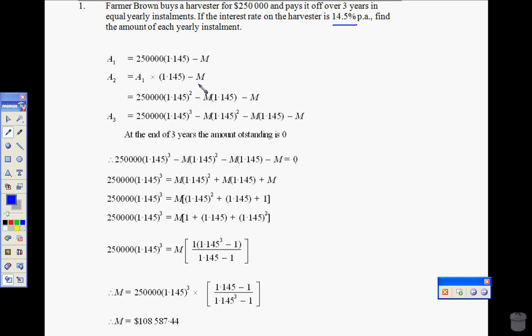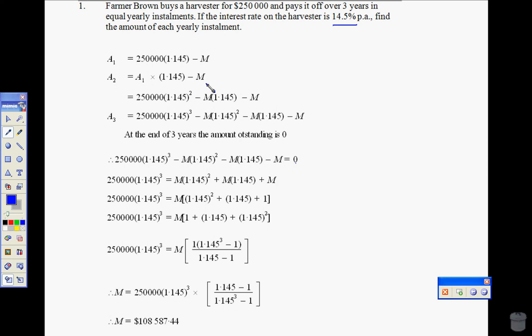You're making equal yearly instalments, so M is going to be the same every time. Making this look a little simpler, we multiply the 250 by 1.145 by the 1.145, which makes it squared, and this minus M gets multiplied by the 1.145, and there's our minus M at the end.